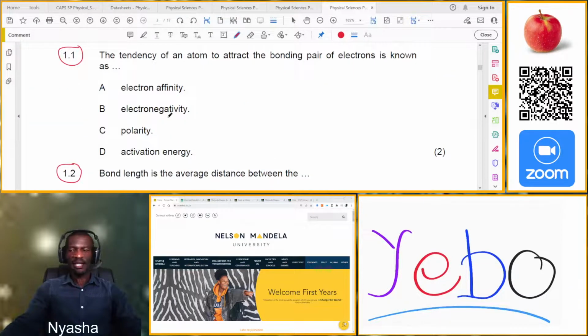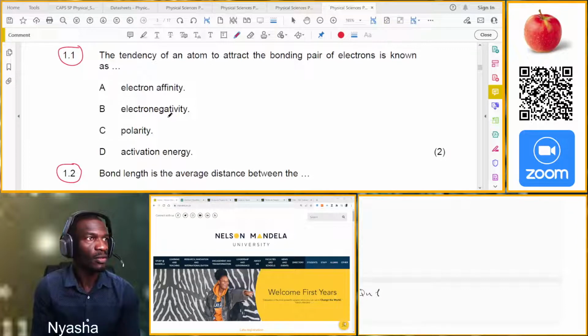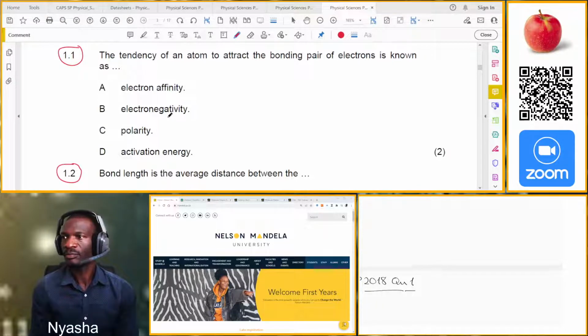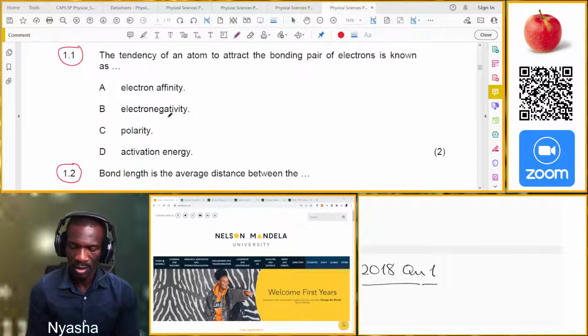So the options that we have, this is our first question. I will call this question 1 for the 2018 paper. So let's just say paper 2018, question 1. The tendency of an atom to attract the bonding pair of electrons.